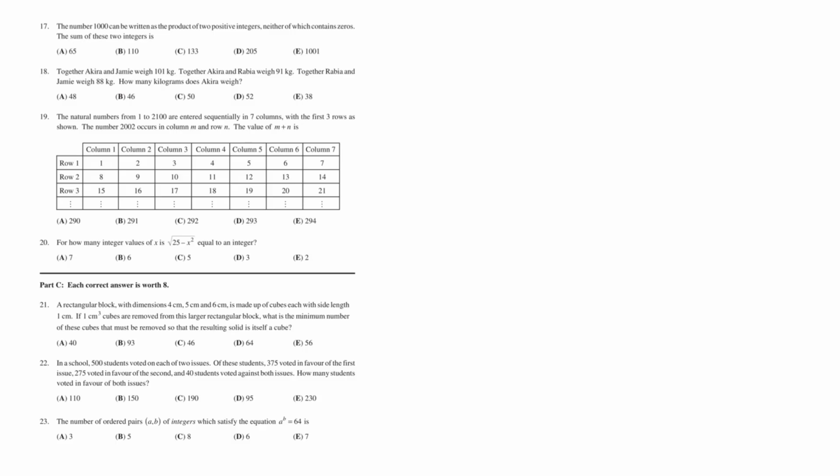Number 17, the number 1000 can be written as the product of two positive integers, neither of which contains zeros. The sum of these two integers is... So 1000 we write as 10 cubed.